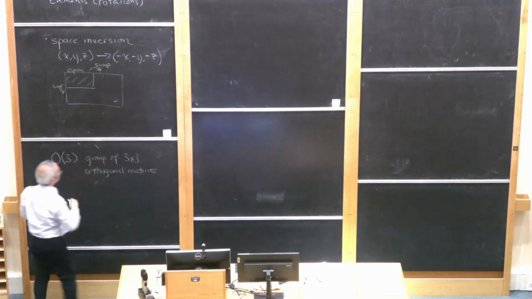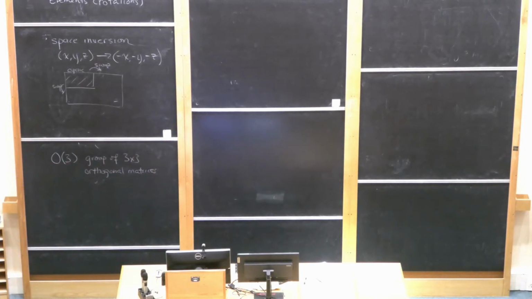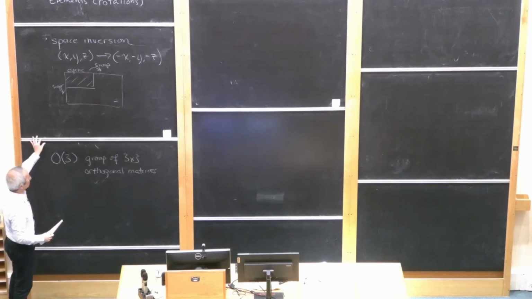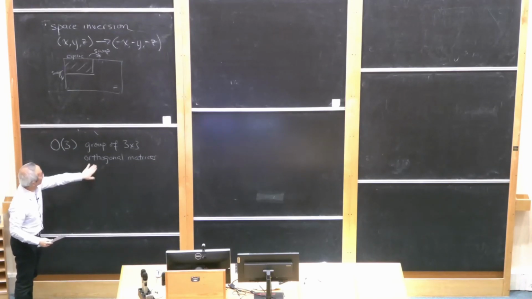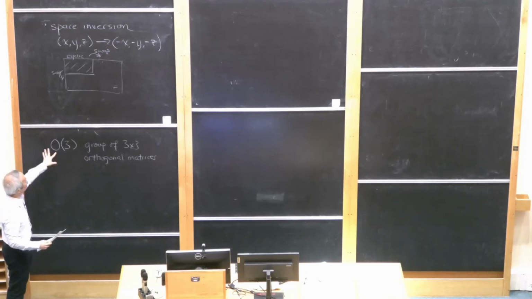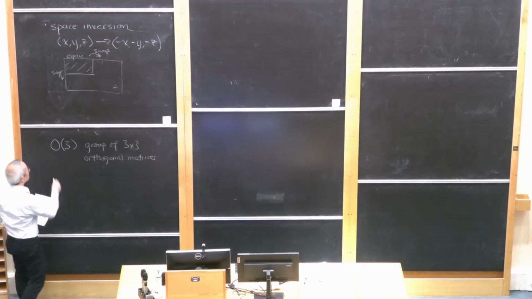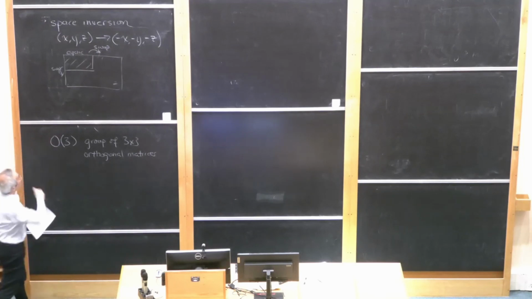Here again, you can think of the rotations in an abstract way, but this would be a matrix realization of those rotations, as well as the space inversion.